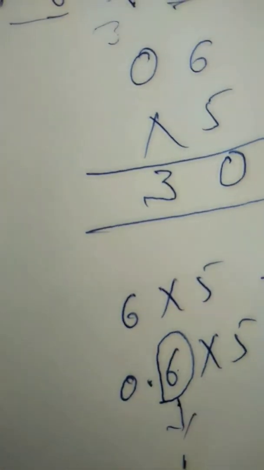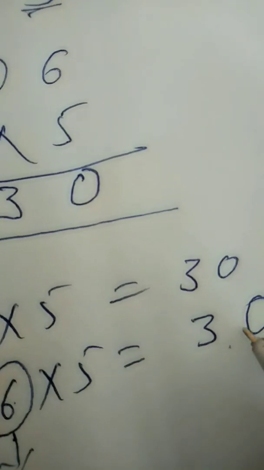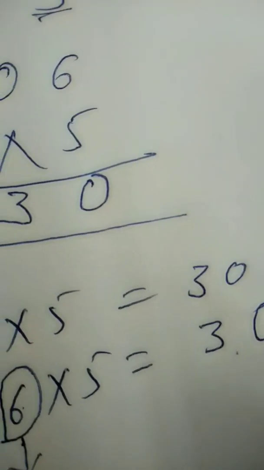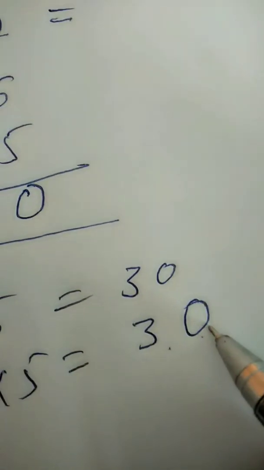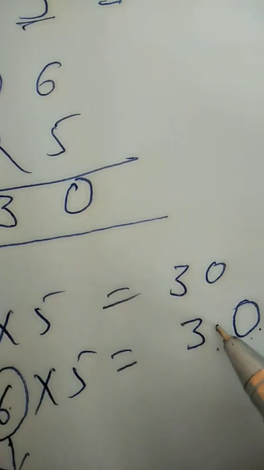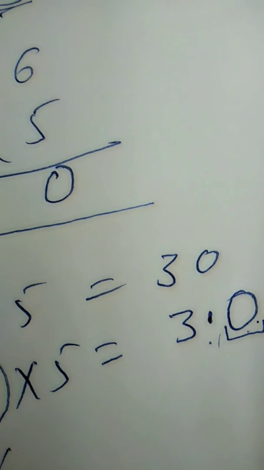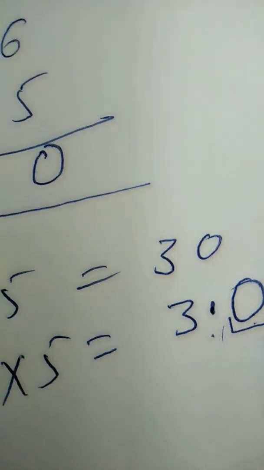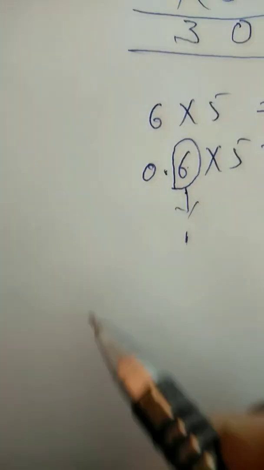So that means in the product we should have one digit after the decimal. So we count from the right: one digit, 0 is the single digit, and you put the decimal here. So one digit after the decimal in the product.